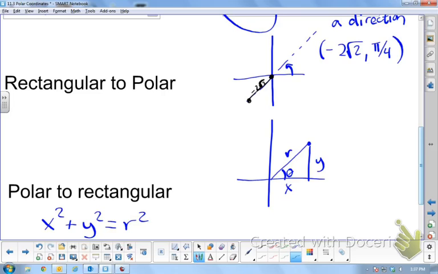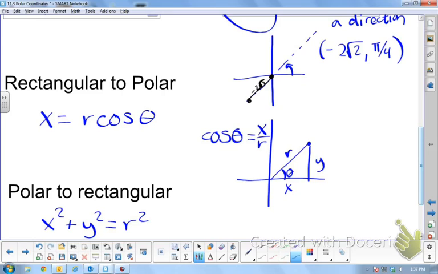So if I'm restricted to just using r, theta, and x, what trig function would use r, theta, and x? Adjacent over hypotenuse is cosine. So cosine theta would be adjacent over hypotenuse. But we want to know what x equals, so what would x equal from that? R times cosine theta. Good.